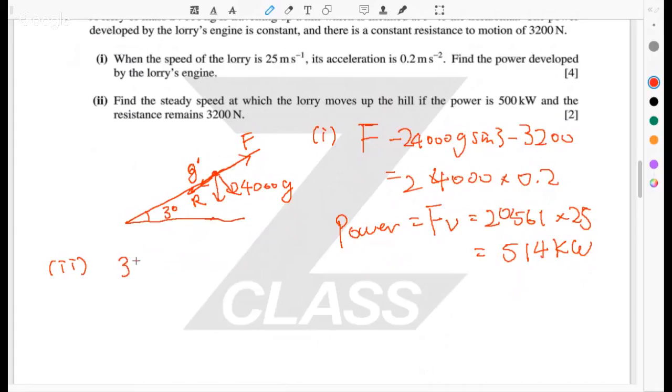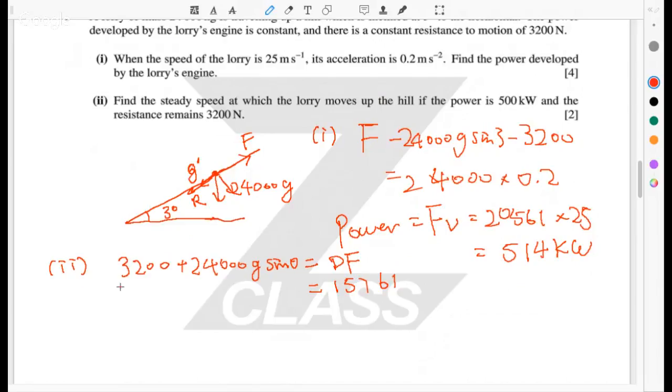So we have 3,200 Newton of resistance plus gravity acting parallel to the slope, and we shall set that equal to the driving force, and that will be 115,761.